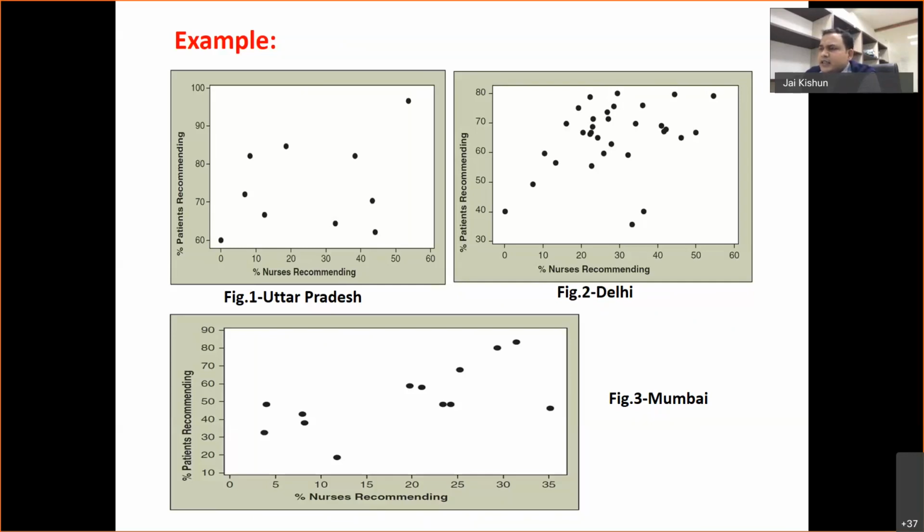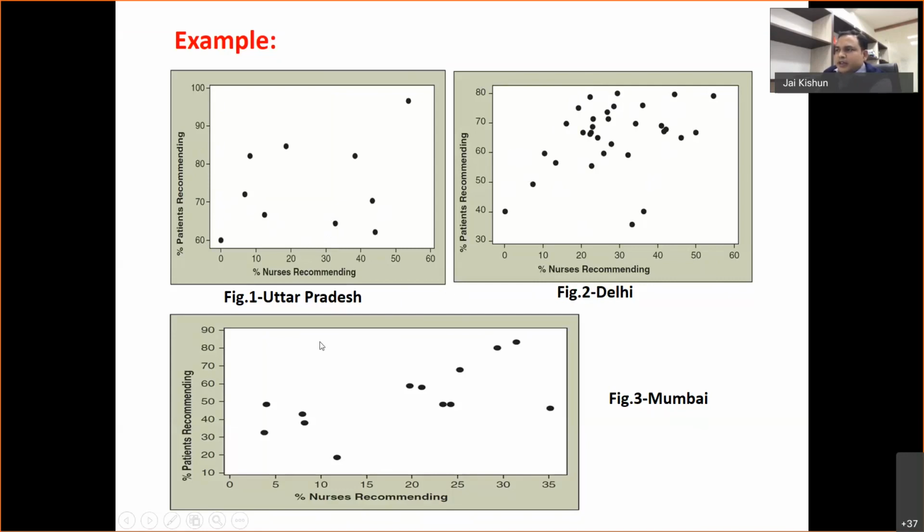Similarly, in the second case, you can see that most of the people, nurses and patients both, are recommending the government hospital. But in UP, most of the patients are on the lower side, with low scores.